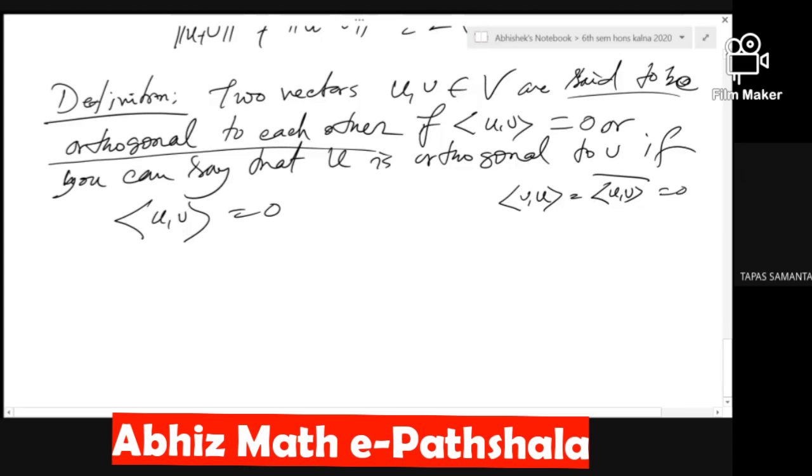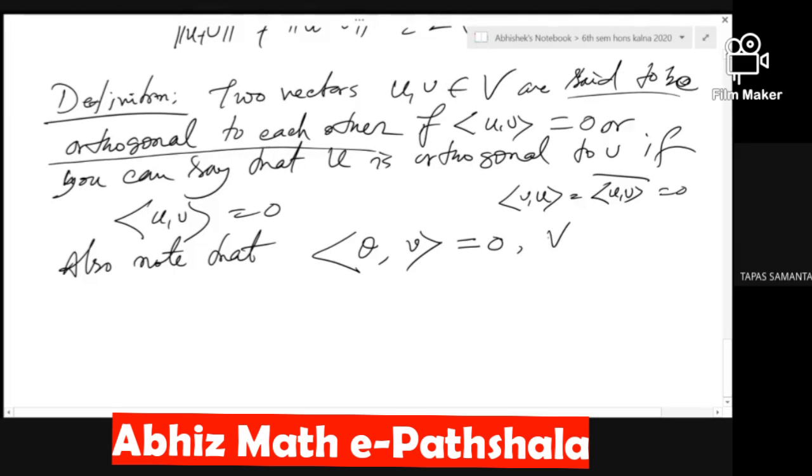So u is orthogonal to v implies v is also orthogonal to u. And also note that the zero vector theta is orthogonal to each vector.